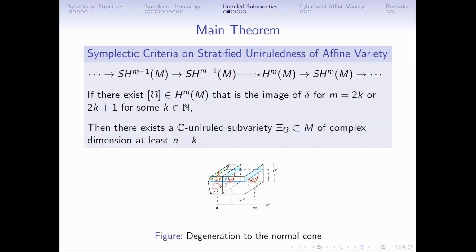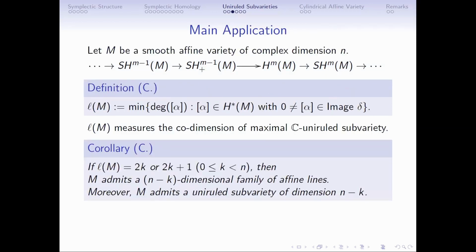So the dimension comes from that condition. And so, given an affine variety, if I can compute symplectic homology and the long exact sequence, I can detect some uniruled subvariety, some union of uniruled subvarieties, by considering the image of delta.